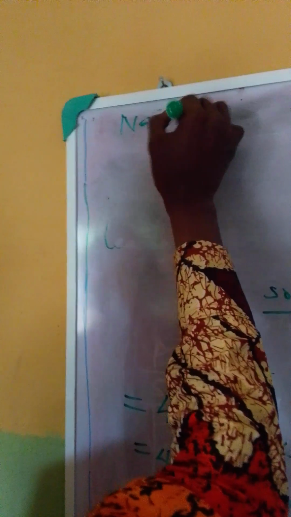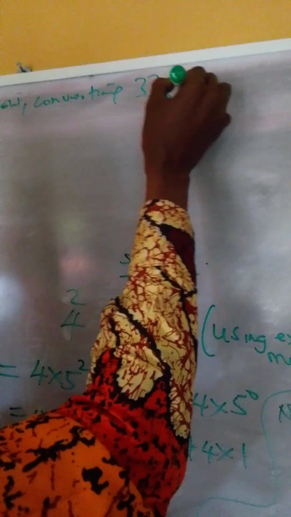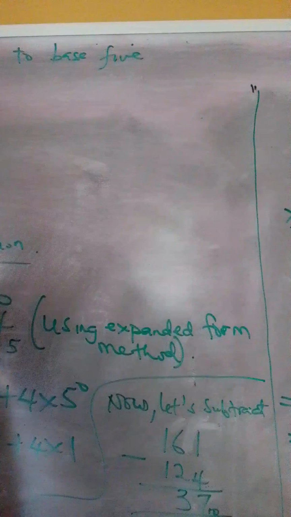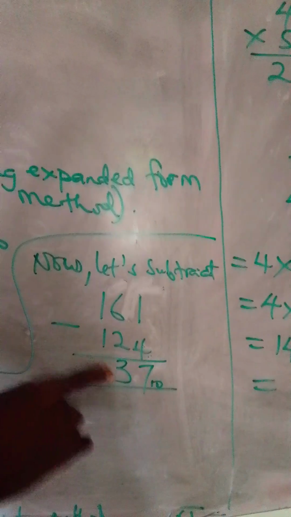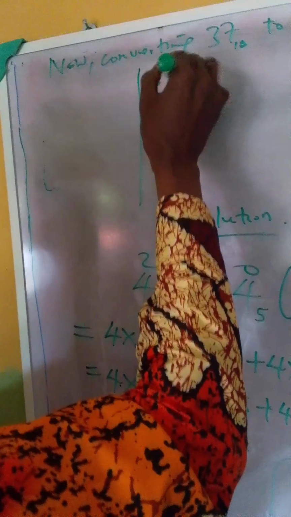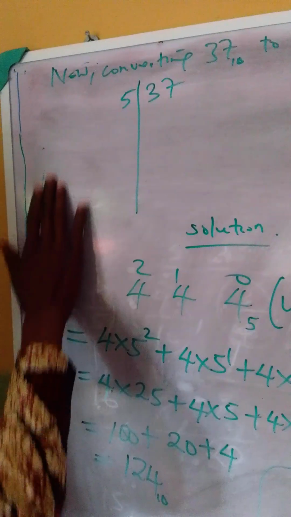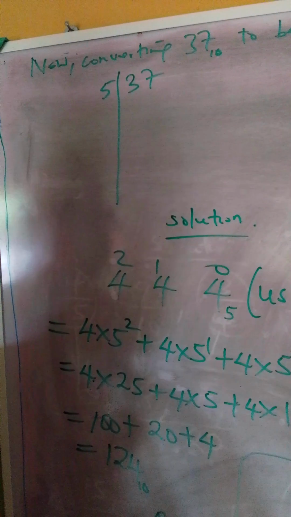Now, converting 37 in base 10 to base 5. Even if you're asked to leave it in any other base, you have to change this 37 in base 10 to the required base. So we have 37. Since you have to convert it to base 5, you use 5 to divide. Is that okay? I hope you are grabbing it.